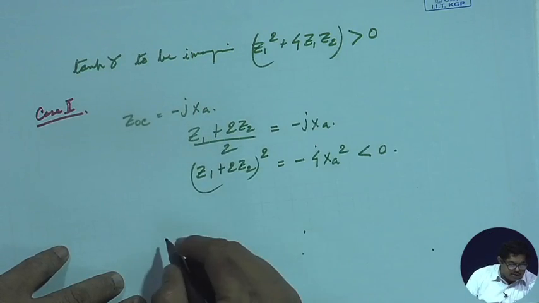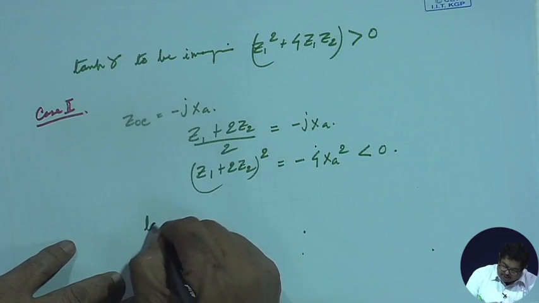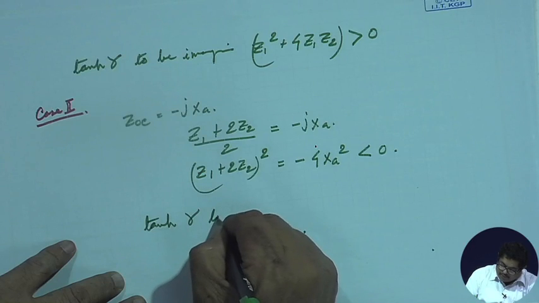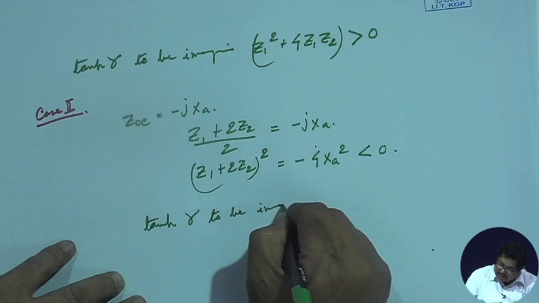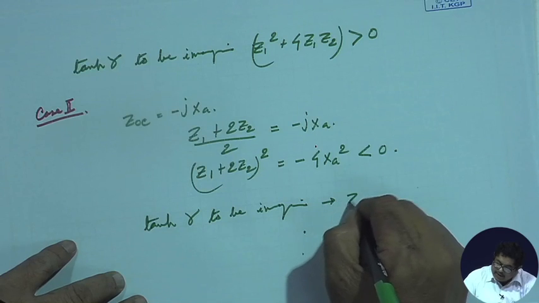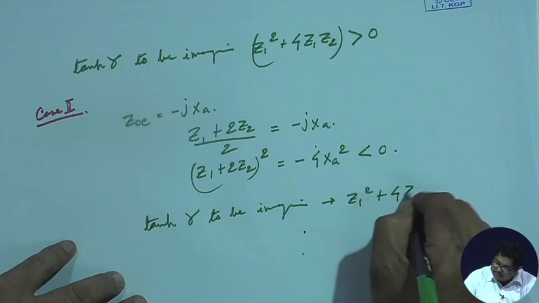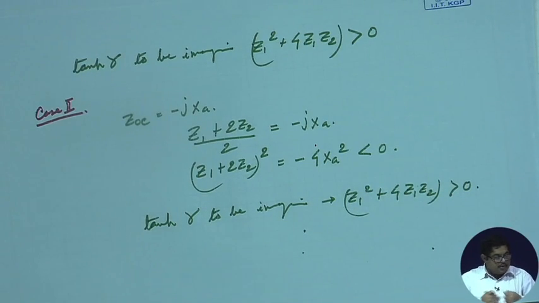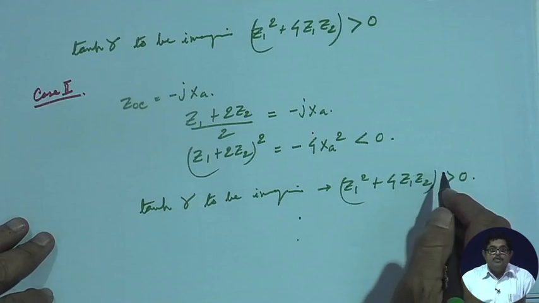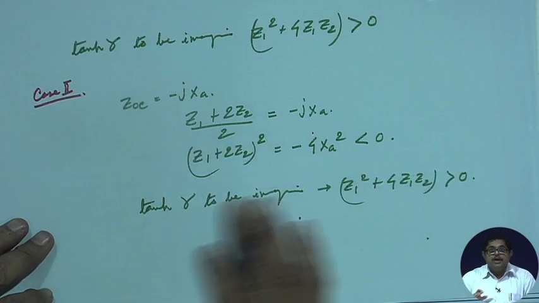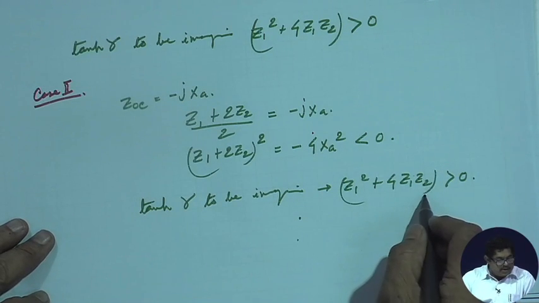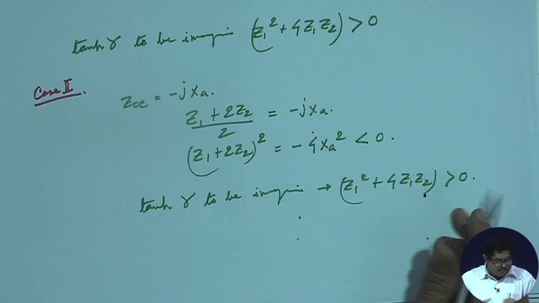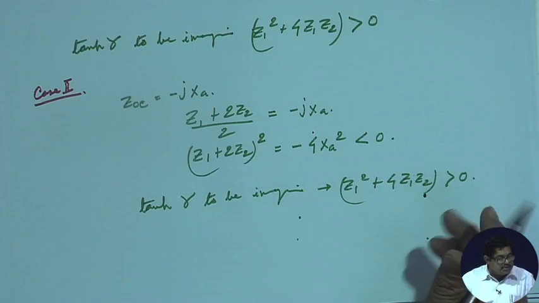So the same condition: for tan gamma to be imaginary, we require Z1 square plus 4 Z1 Z2 greater than 0. So if we want a passband without any attenuation, the condition is Z1 square plus 4 Z1 Z2 greater than 0.